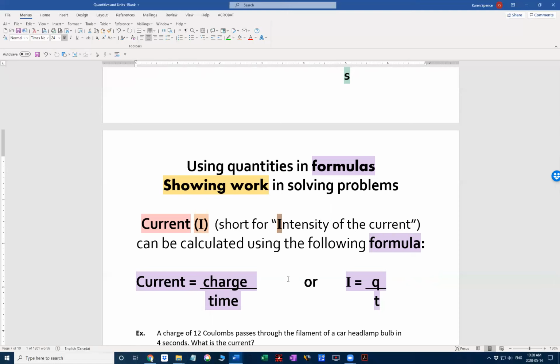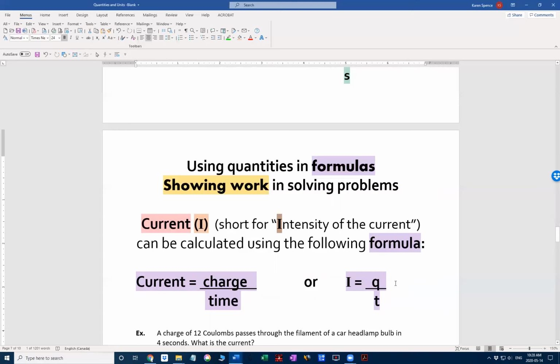That would be a very not intense current. The intensity would be very low. It would be very slow. But if you're in the midst of a very narrow section of the river and it gets really fast, that means that the intensity of the current is so much greater. So I for intensity, how fast that current is moving.